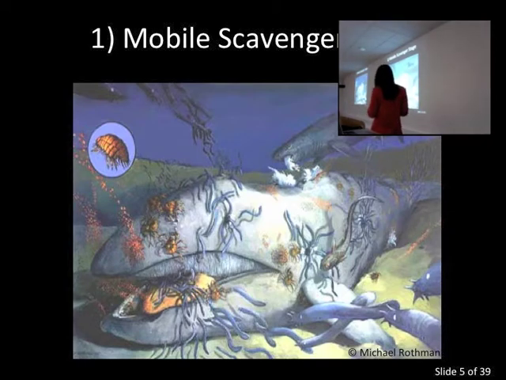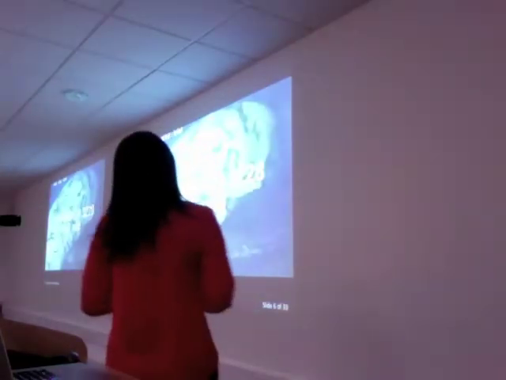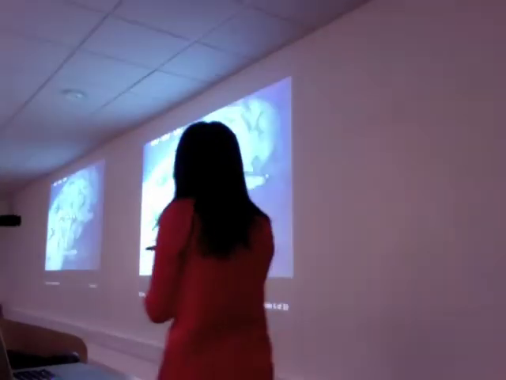I'm not really sure what these are meant to be. Maybe some kind of crab. You do get crabs, lobsters, and amphipods and isopods. And this stage can last, depending on the size of the carcass, from a few days to maybe a year or so. And this is a little video of one.